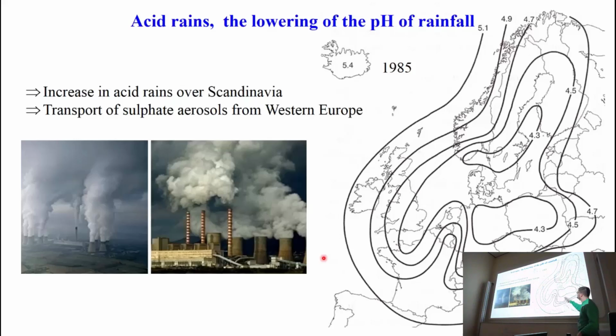In the 80s, we were burning lots of fossil fuels in Western Europe, particularly in the UK and in Germany. That's causing the addition of this sulfate and nitrate, which is locally raining out because we're putting so much in the atmosphere. It's just raining out as acid rain and causing lots of problems over these regions, dissolving their buildings, and also having effects on the biosphere in there.